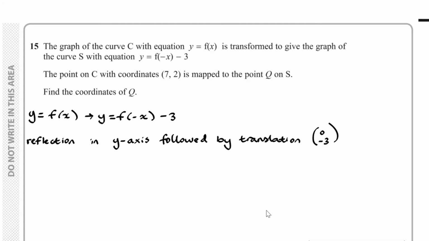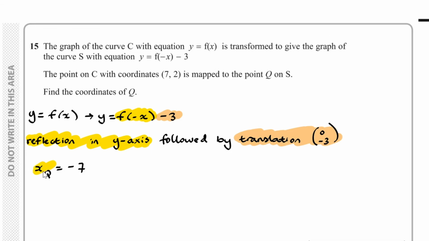First of all, going from y equals f of x to y equals f of minus x minus 3, this is a reflection in the y-axis, so that corresponds to the f of minus x, followed by a translation by vector 0, minus 3. So that corresponds to this minus 3 here. So if we reflect in the y-axis, the x-coordinate of Q, that's going to equal minus 7.